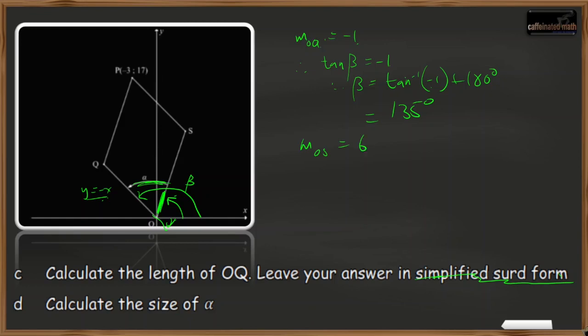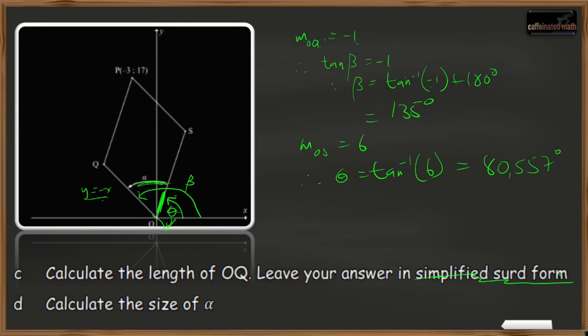Well, we do know that gradient over there for OS, gradient of OS again is equal to 6, and then we can call this, well, they haven't used theta, so we'll use it. Therefore theta is equal to inverse of tan applied to the value 6, which gives us a value of 80.557 degrees.